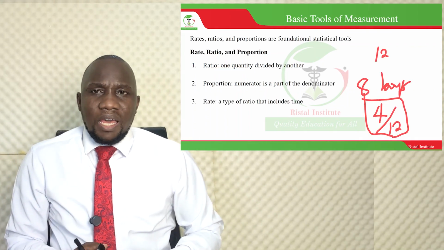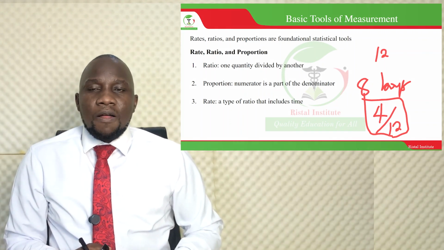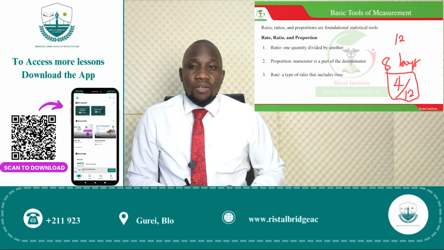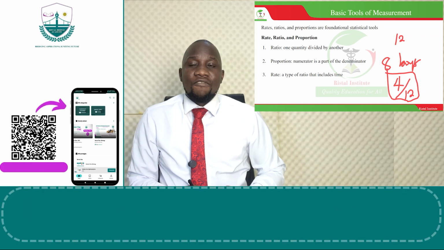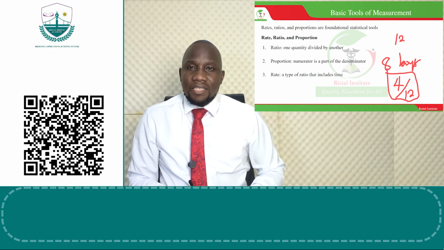The example that we can give here is that every year, 12 girls die due to early pregnancy complications. Every year you have girls that are dying.